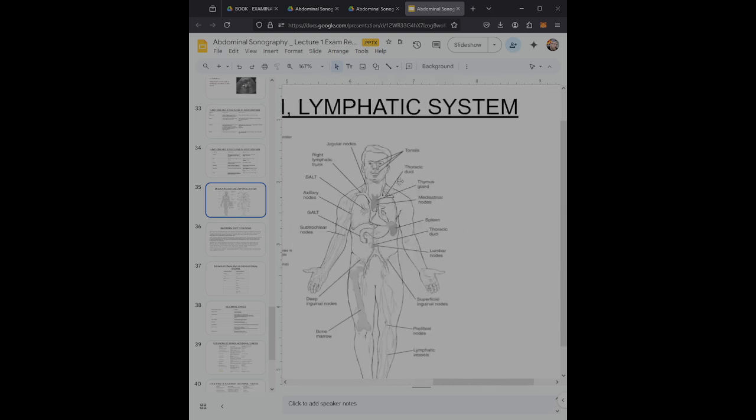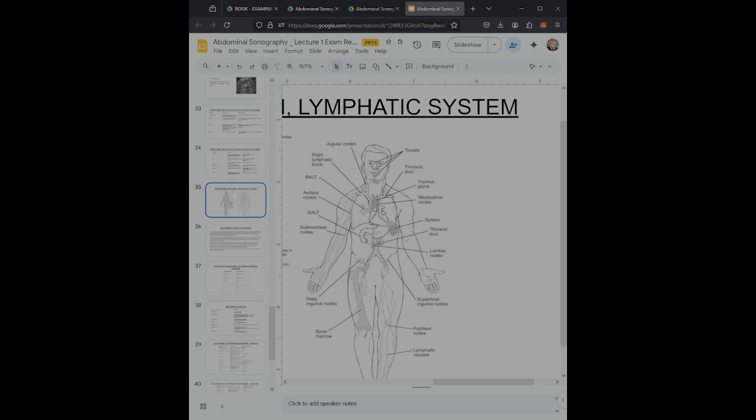We have lymph nodes. We have the tonsils, the jugular nodes, the thymus gland, the right lymphatic trunk, mediastinal lymph nodes, axillary nodes, subtrochlear nodes, deep inguinal lymph nodes, bone marrow, popliteal nodes, lymphatic vessels of the lower limb, superficial inguinal nodes, lumbar nodes.